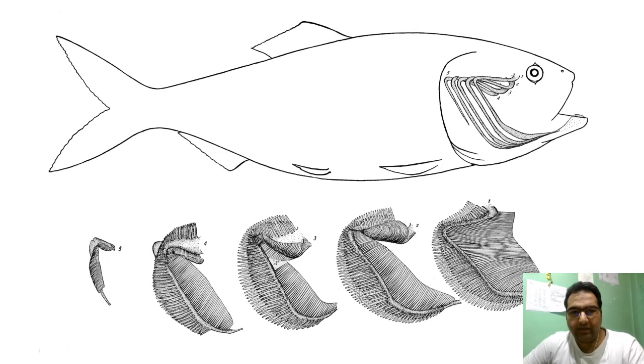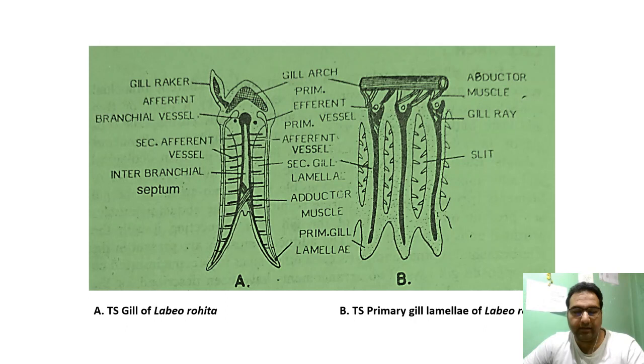We have discussed this very image at the start of our slides. This is the operculum. Inside the operculum are present the gills, separated by the gill slits. This is the gill, these are the gill rakers, and this is the TS of the gill.